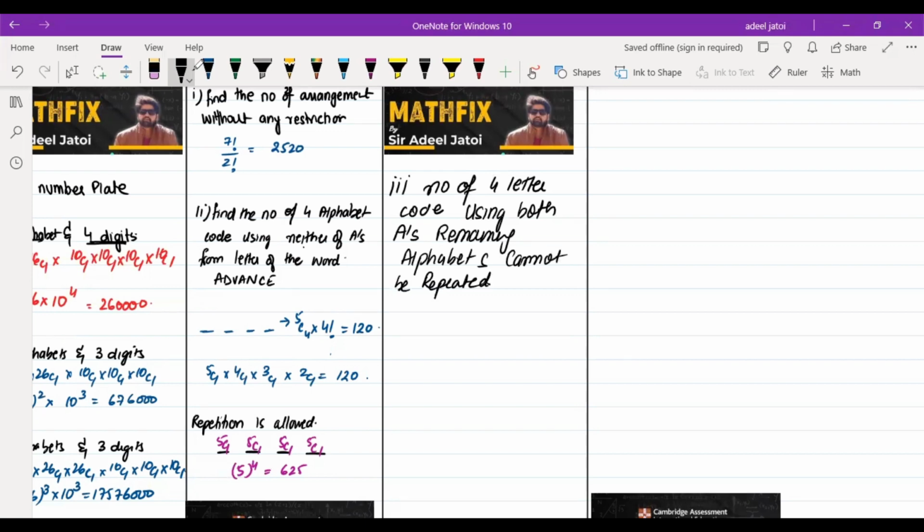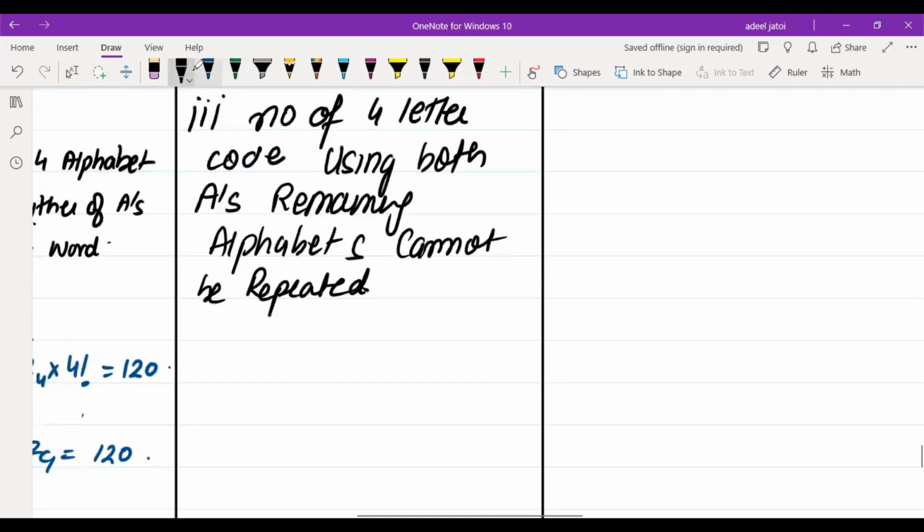So the remaining alphabets cannot be repeated. So what does this mean? 1, 2, 3, 4. Now we know that 2 A's can be used. Let's have 2 A's. And we know that the remaining alphabets cannot be repeated.